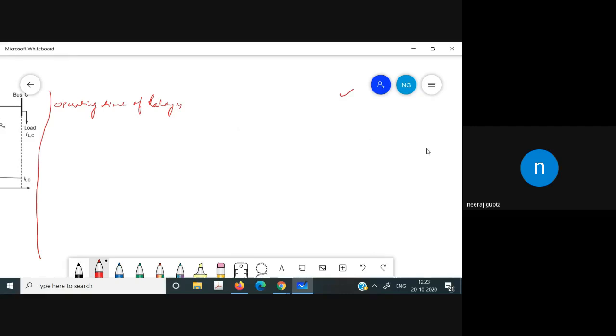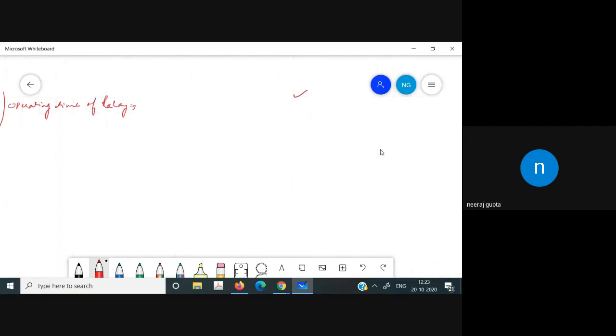So how to decide the operating time of the relay? This is the third step that we have discussed.